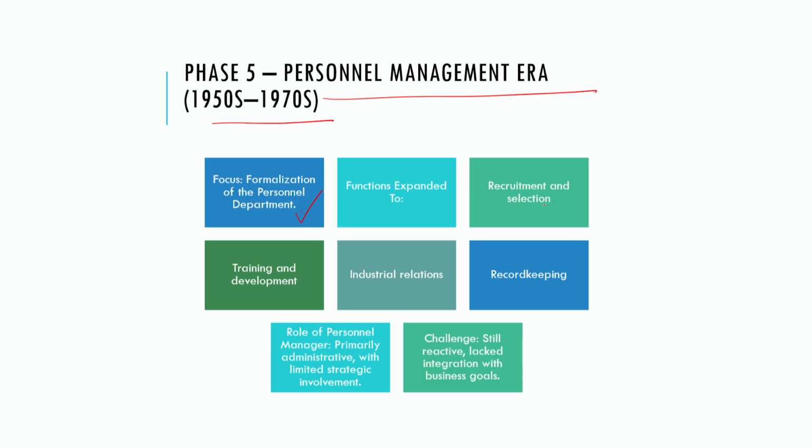Functions expanded to recruitment, selection, record keeping, industrial relations and training and development, unlike phase 1, where, if you remember, it was only taking care of the welfare of the employees. The role of the personnel manager was now primarily administrative with limited strategic involvement. And the challenge was that it was still reactive and lacked integration with business goals.